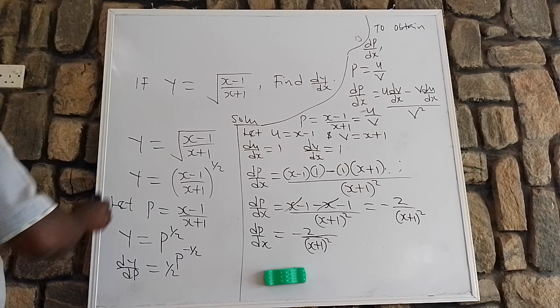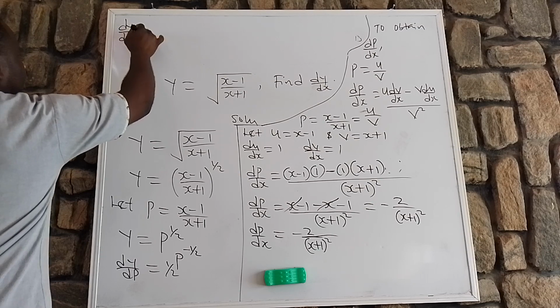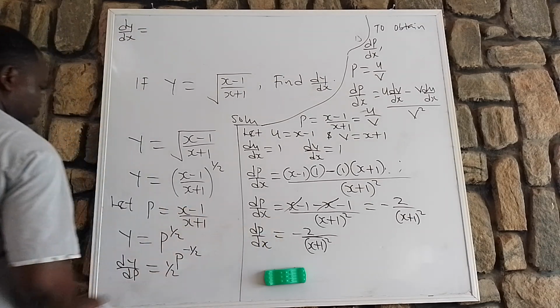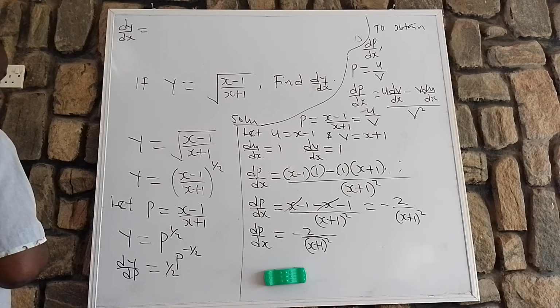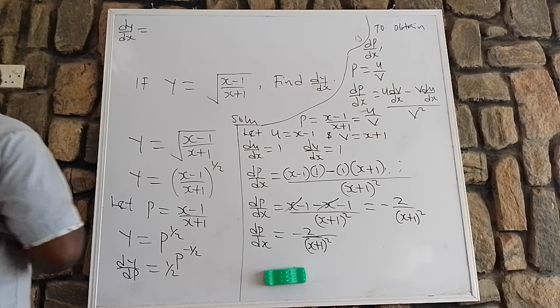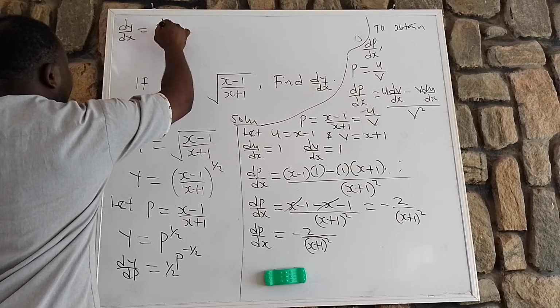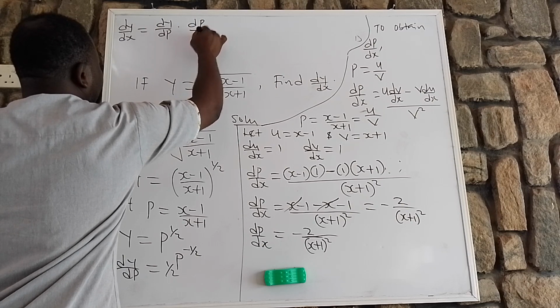Since we are talking about dy over dx, it is equal to the product of these two answers: dy over dp times dp over dx.